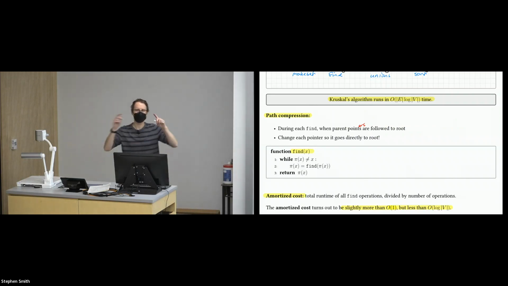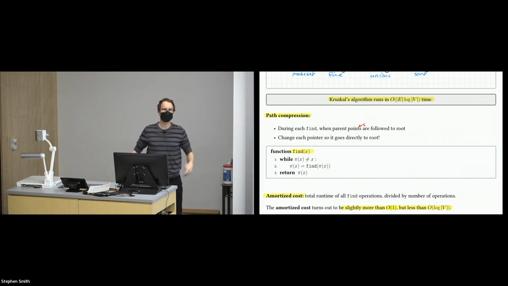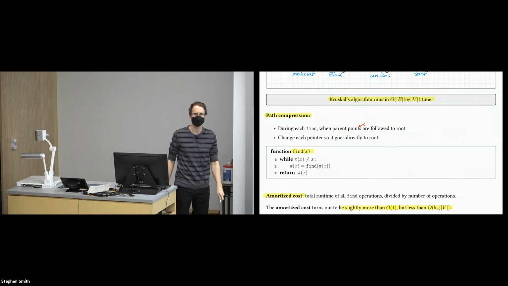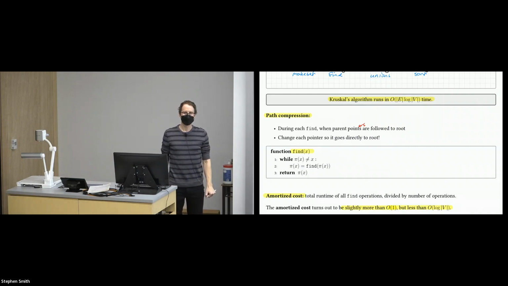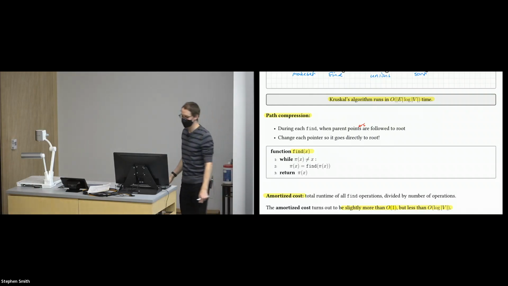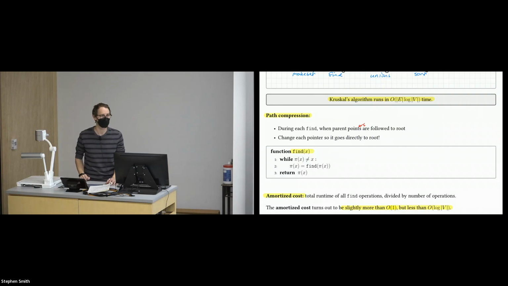Because basically after you rewire it, all the ranks become 0 after you do path compression, and then the rank of the root becomes 1. Because as you go up, you just point everything right to the root. But you're right, actually, there should be an update of the corresponding ranks. That's a good question. I probably should include that in this as well. I wasn't thinking of that in this.